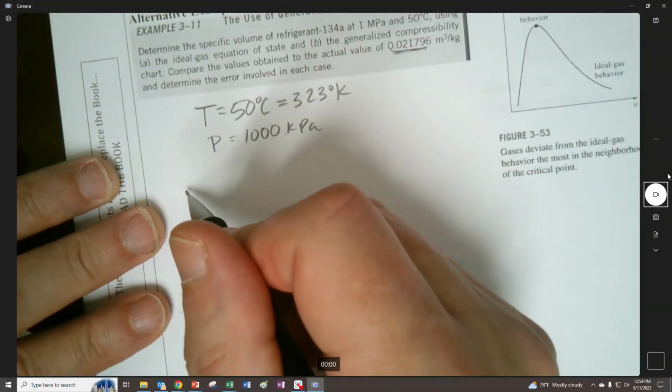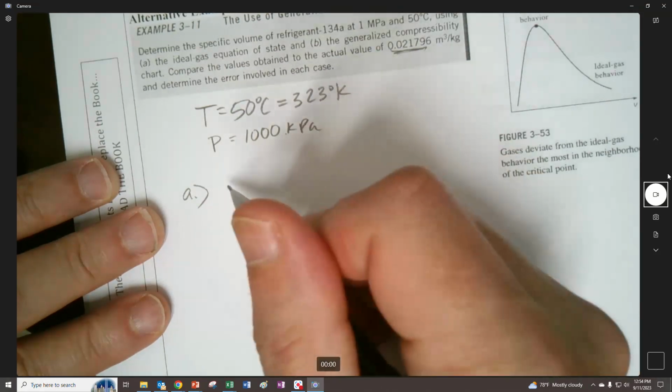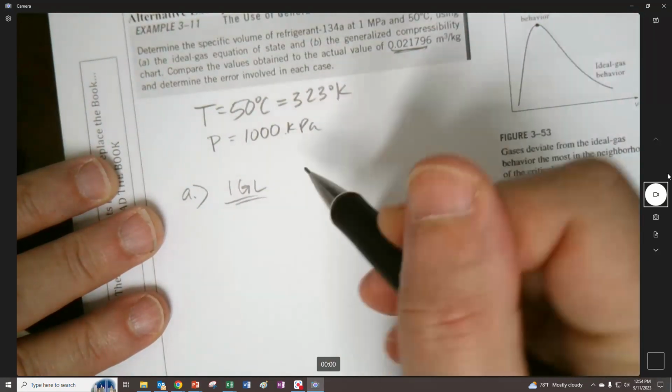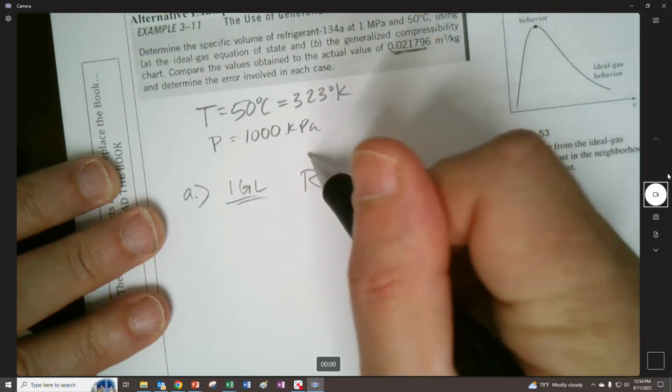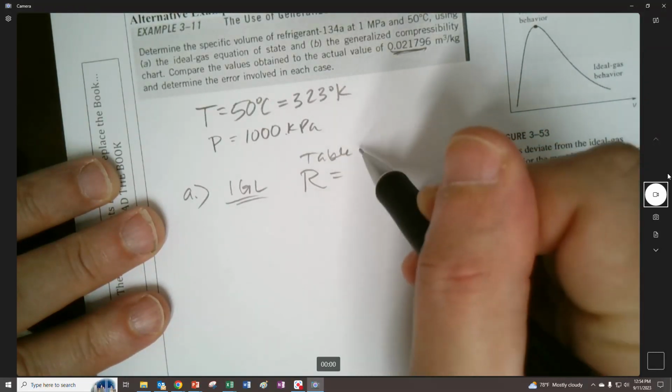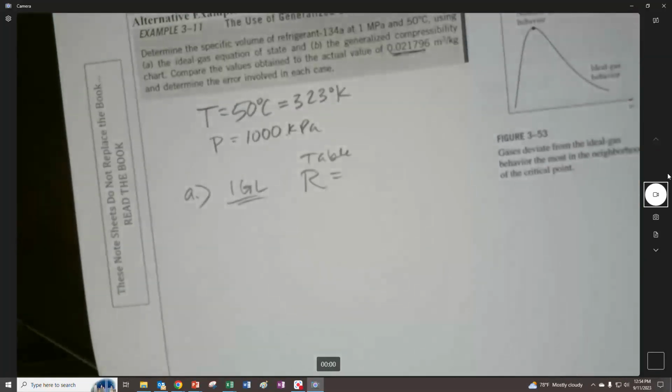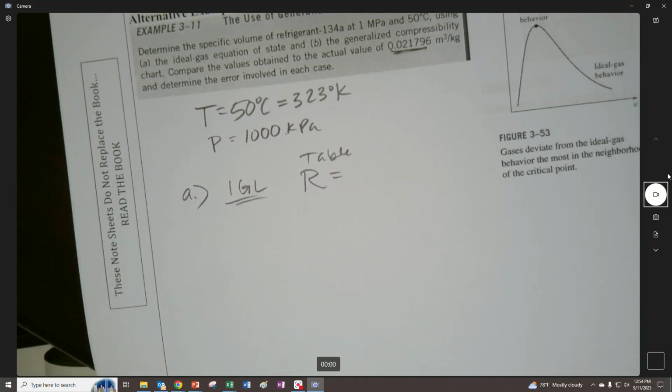But let's continue on as they told us to do. So first, we want to go to the ideal gas law. We need R, which is going to come out of table A.5, and we are looking for 134a.